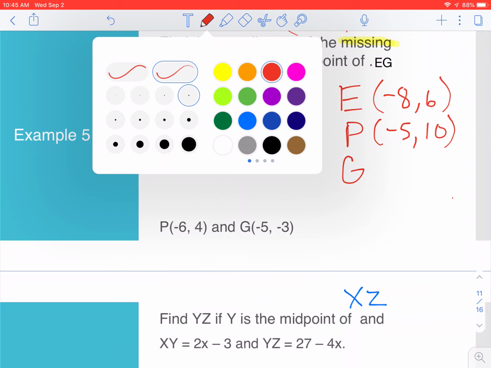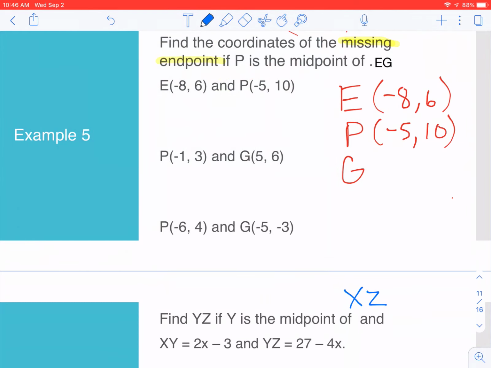Here's what we need to think about. How did I go from negative 8 to negative 5? I added 3. Because negative 5 is in the middle, I'm going to add 3 to both sides.